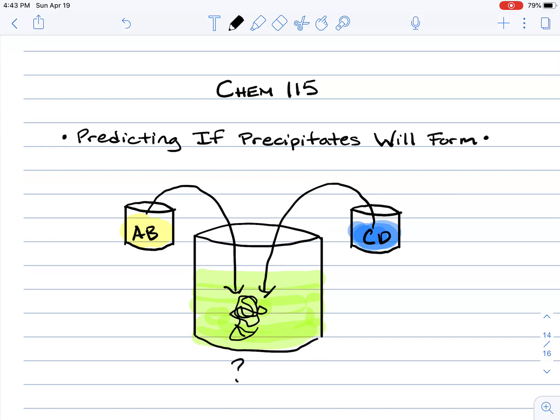You have already explored this concept once before in the first semester of general chemistry. When you were learning how to balance chemical equations, you talked about double displacement reactions, and once you've learned how to perform a double displacement reaction, you should have learned how to predict the products.